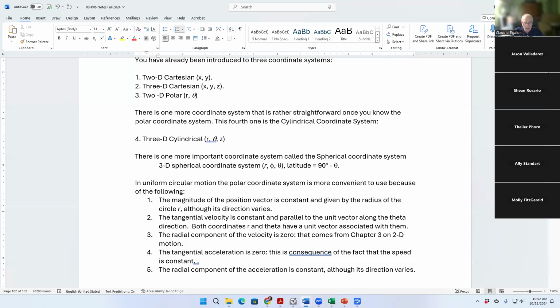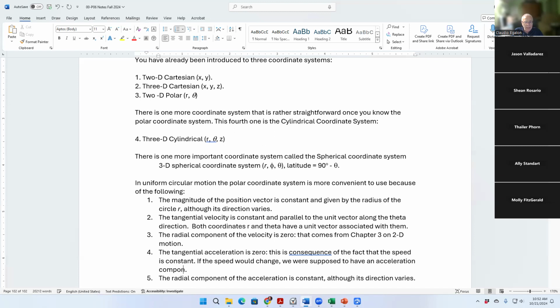If the speed would change, we were supposed to have an acceleration component that is parallel to the velocity vector.